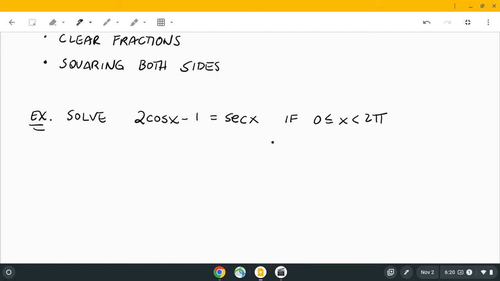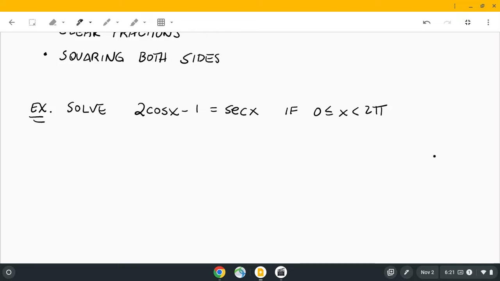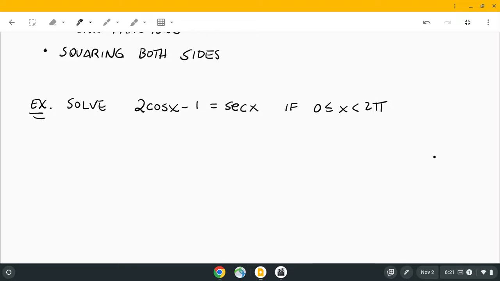We don't have to do that whole whatever our answer is plus 360 degrees times k or times n. Okay. All right, and then we also see here that our answer should be in radians. Okay, so I'm going to go ahead and write this down here. 2 cosine x minus 1 equals secant x.